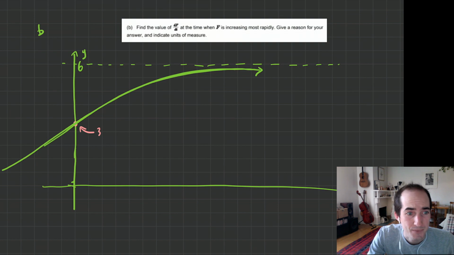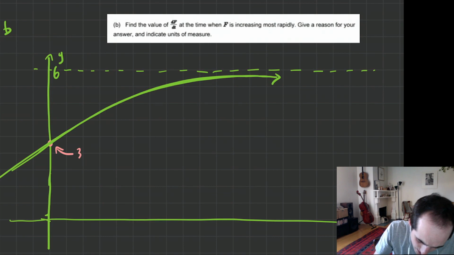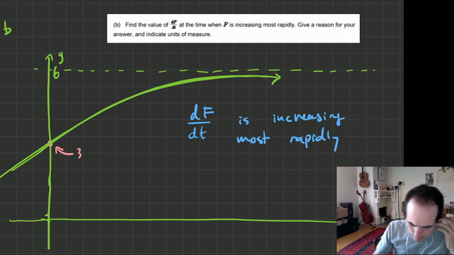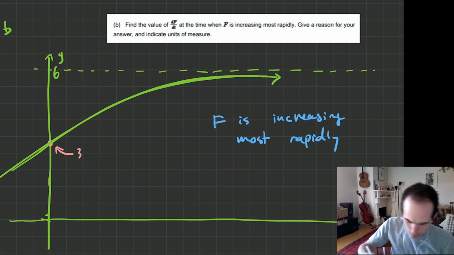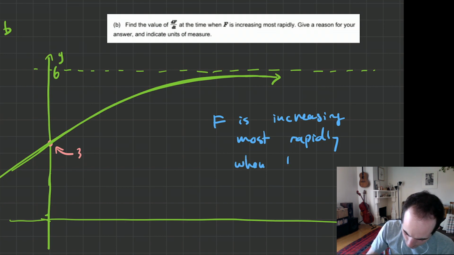So when is df by dt increasing the most rapidly? So f is increasing most rapidly, or in other words, df by dt is at its maximum, when f of t is equal to 3.